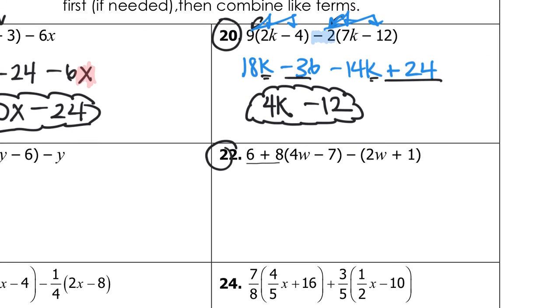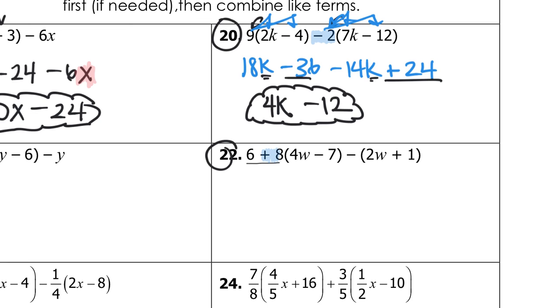So with that being stated, it's very, very, very important that you recognize that a number next to a parenthesis represents multiplication. So before you get to be combining that 6 and that 8, you've got to do the multiplication with the 8 because that 8 is a distributive property.